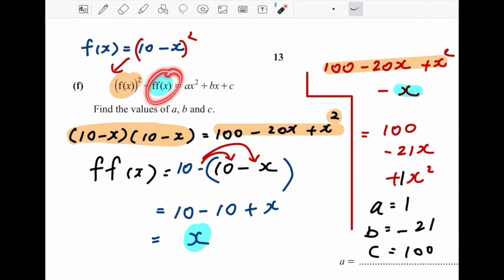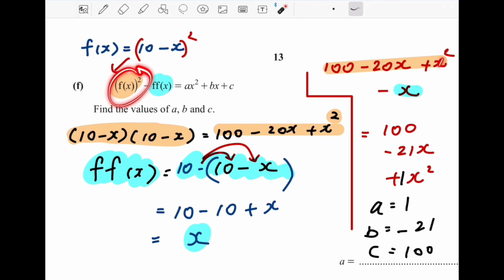And then for this part is basically you put f(x) into f(x) again. So you put 10 minus x into 10 minus x. So ff(x) should be something like this. You put 10 minus x into the x of 10 minus x. So that's how you put it, and then you expand it, and then this part cancels each other, so this will be x.